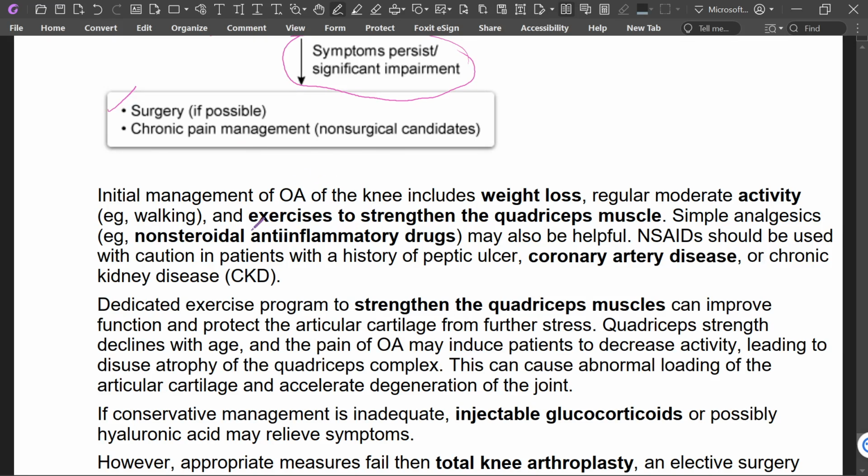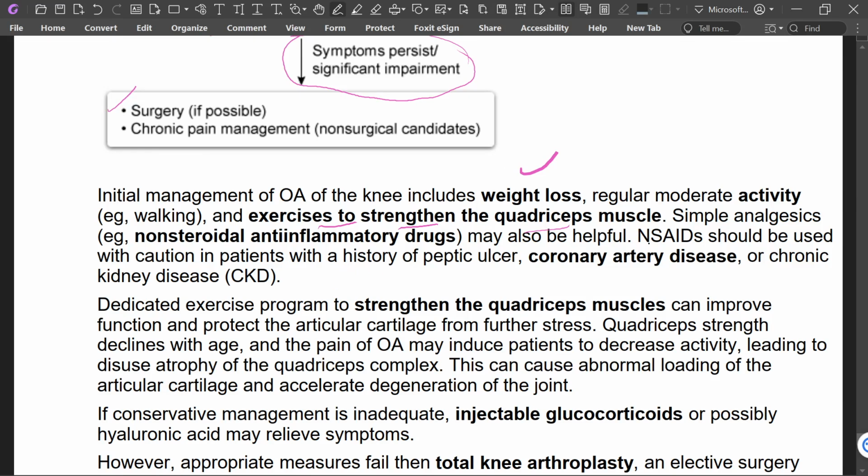Initial management of osteoarthritis of the knee includes weight loss, regular moderate activity such as walking, and exercise to strengthen the quadriceps muscle.